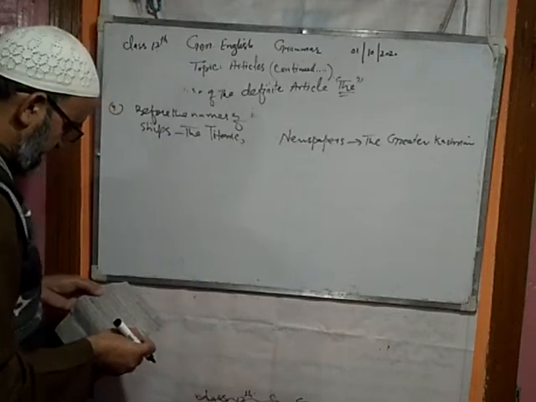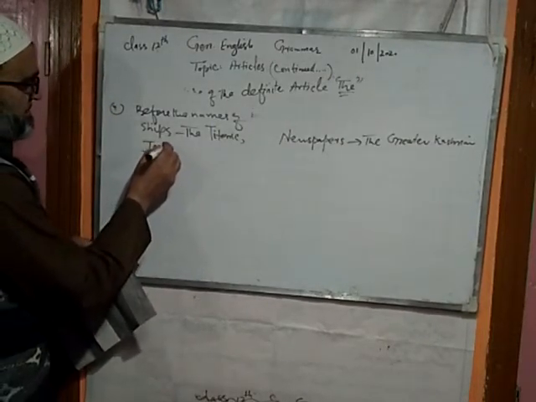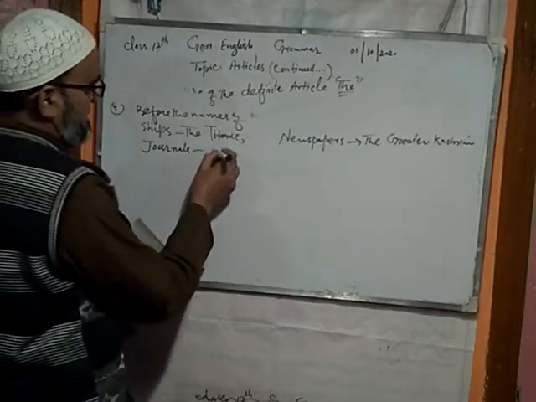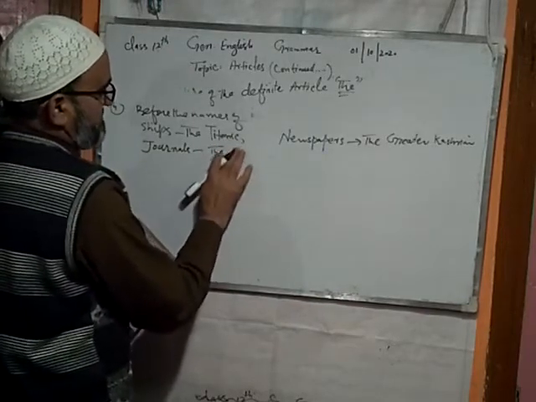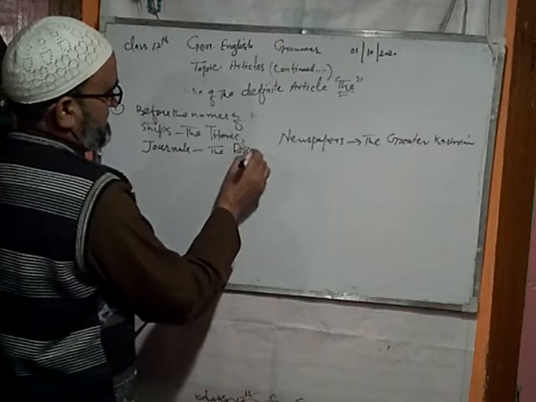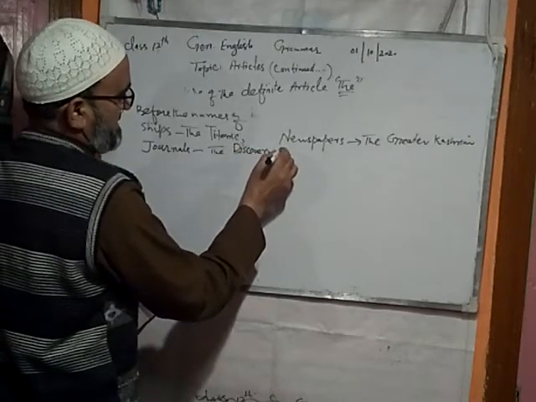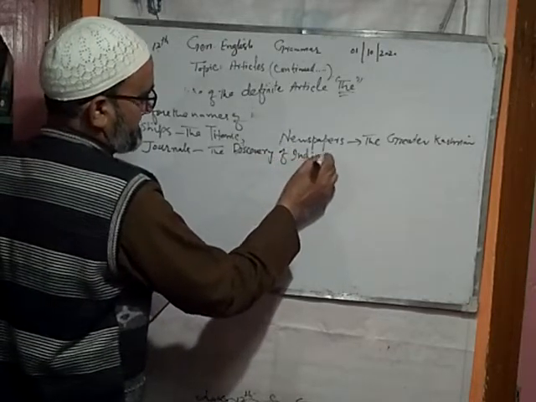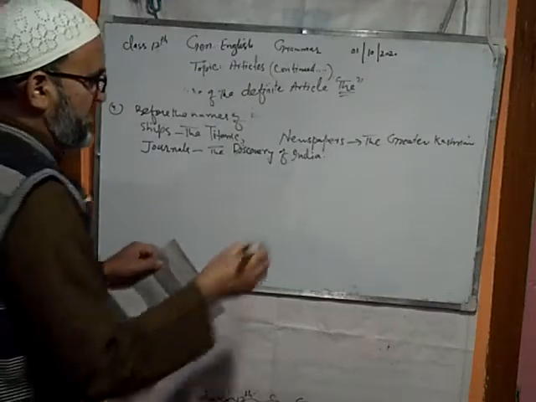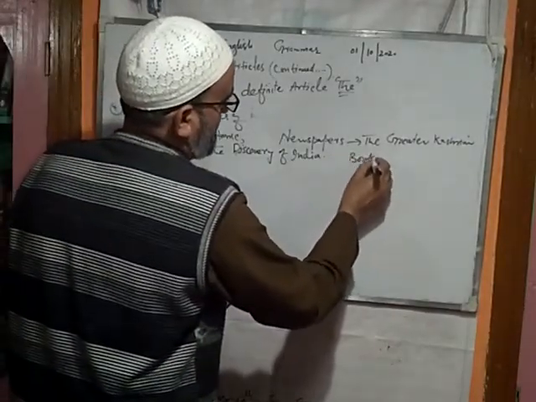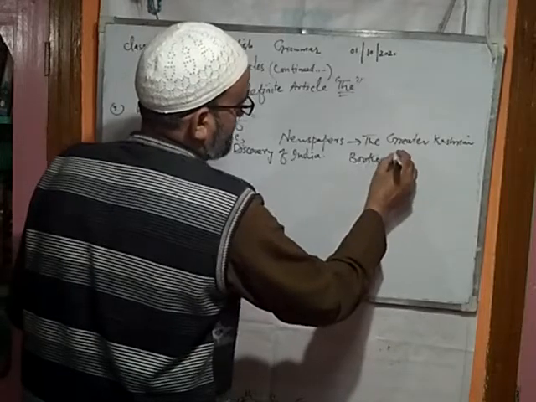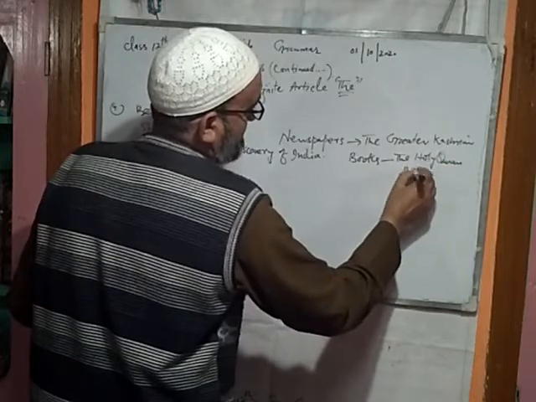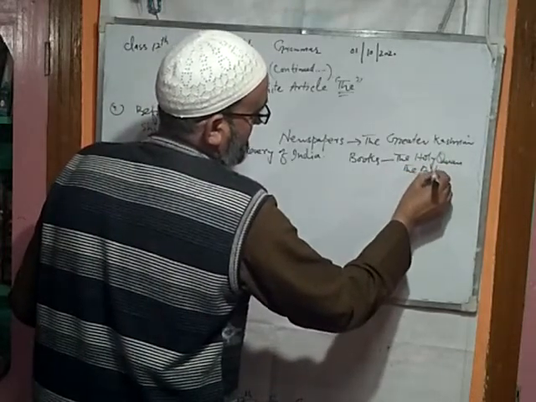Before the names of journals, for example, the Discovery of India. Before the names of books, for example, the Holy Quran, the Bible, the Bhagavad Gita.